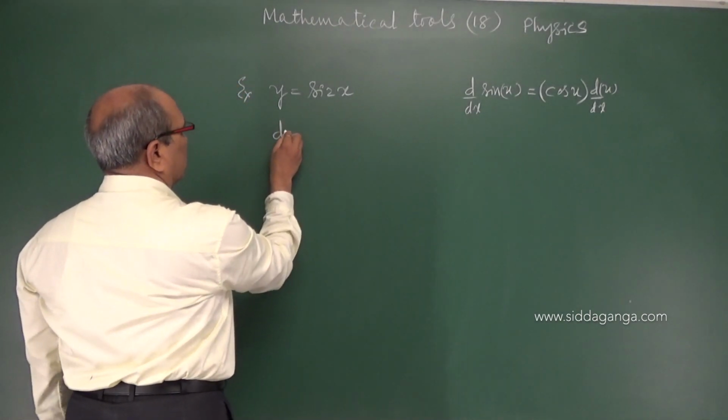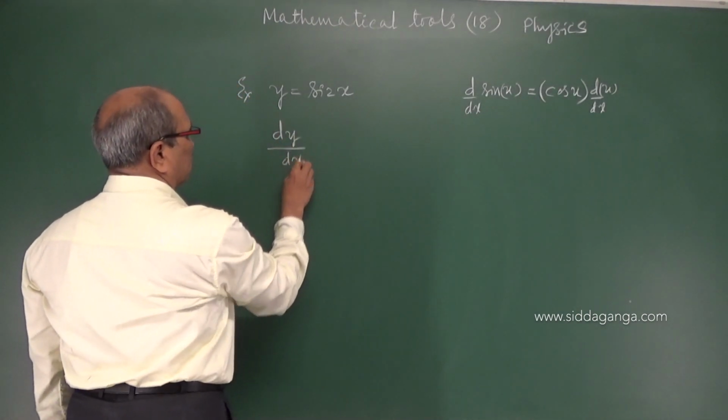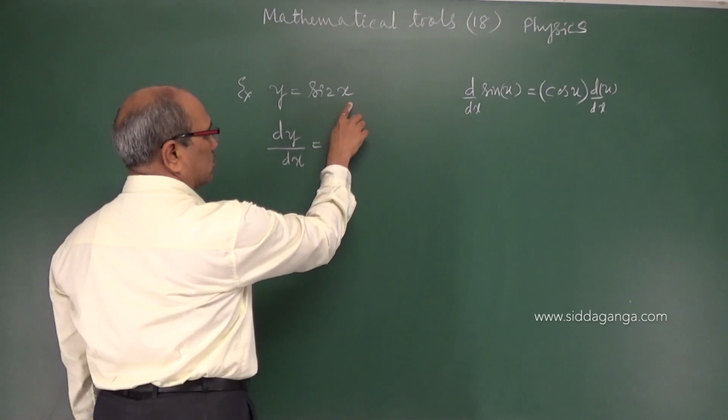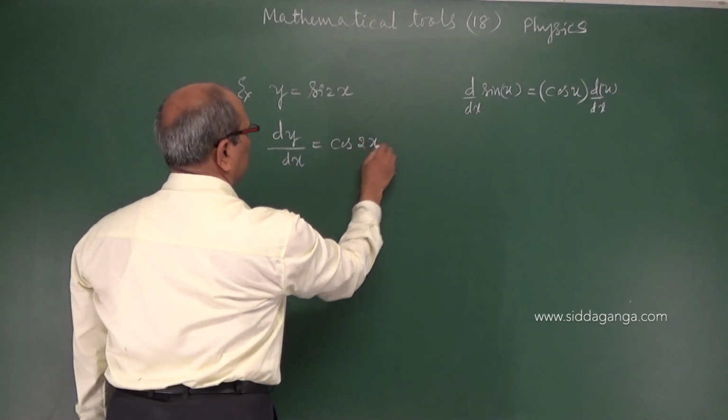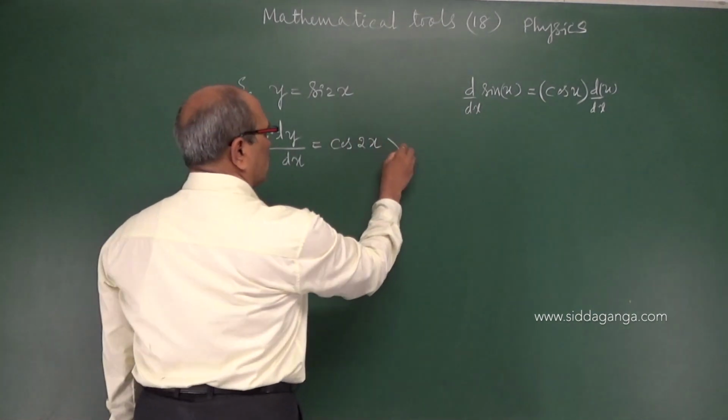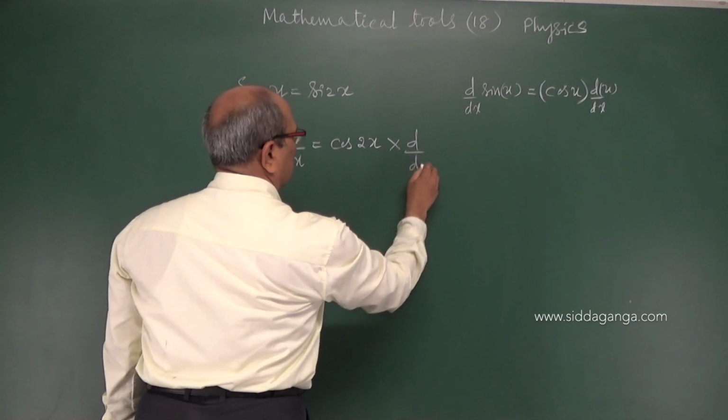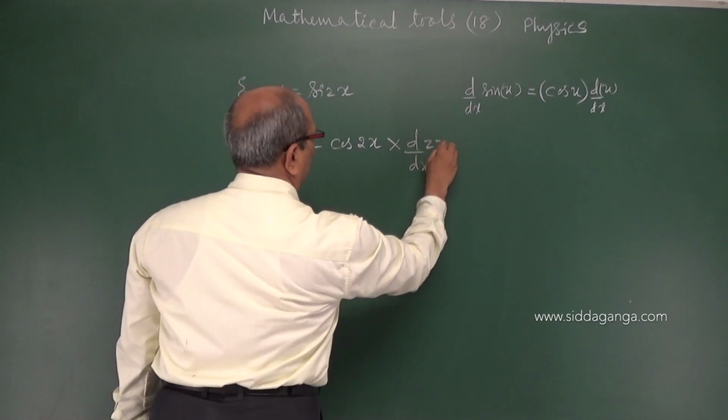Similarly, if you go here with dy by dx to find the differentiation of this sine 2x, what I have to write is cos 2x into d by dx of 2x again.